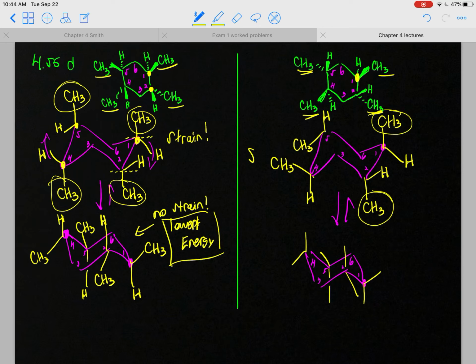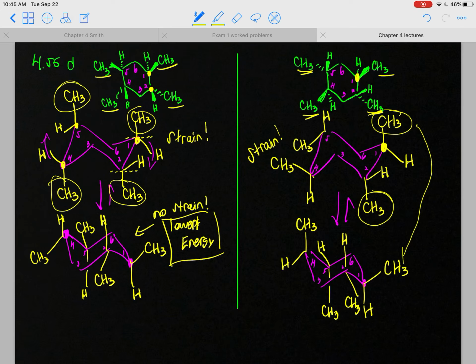Let's analyze strain. We've got 2 axial groups, so that has strain. Do the chair flip. Axial and equatorial groups are going to become transposed or appear to switch. So carbon 4, we've got the axial methyl and equatorial hydrogen. Carbon 5, we have an axial CH3 and an equatorial hydrogen.